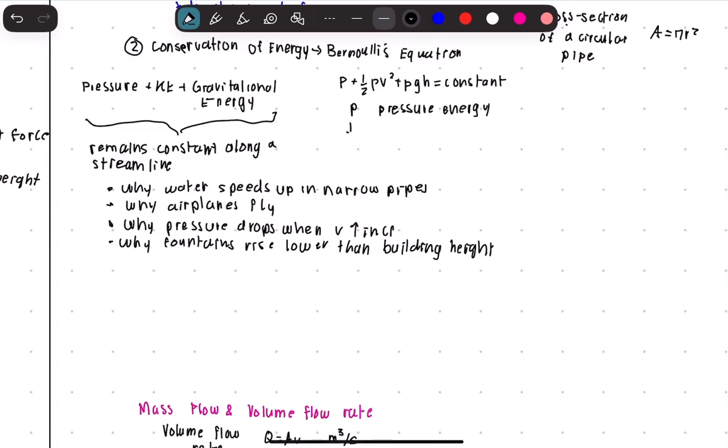And 1/2 ρV² is just the kinetic energy density of the moving fluid. And ρgh is just going to be the gravitational potential energy density.